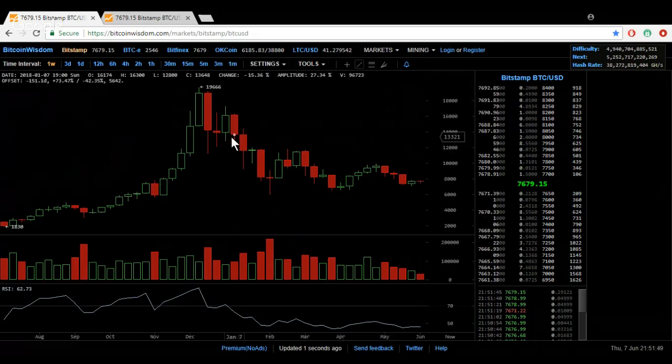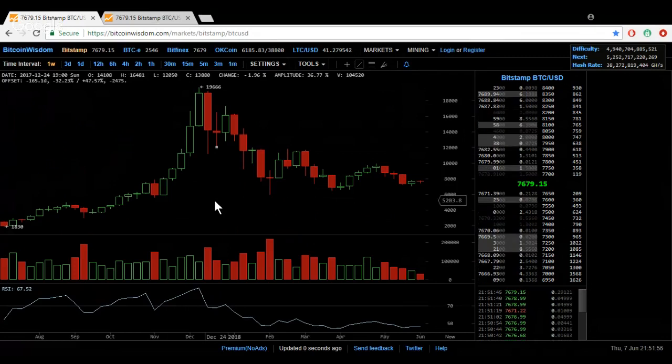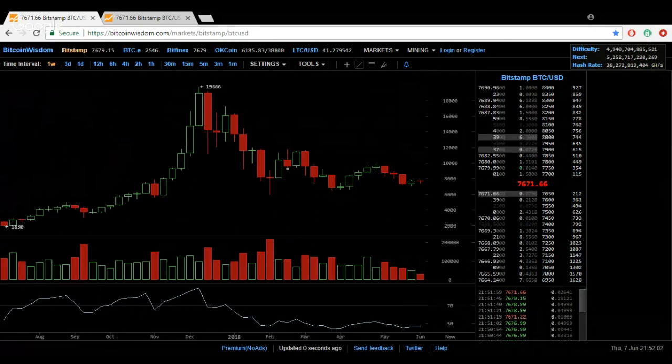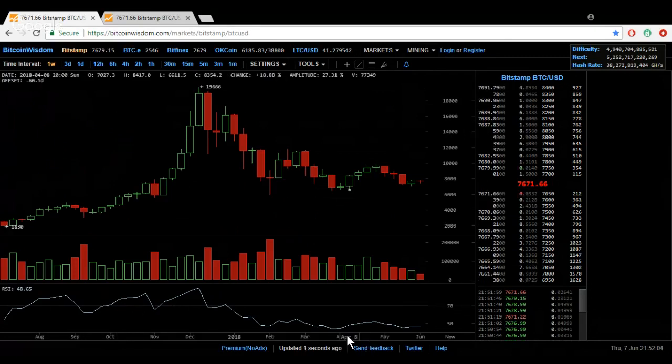So far, it's just going sideways. It still is not oversold. This might be one of the very, very, very few times that after all these overbought readings, this does not go down to an oversold.